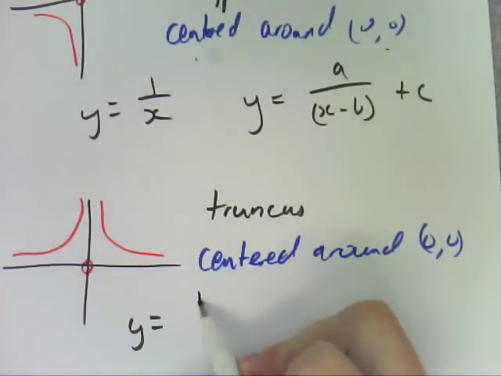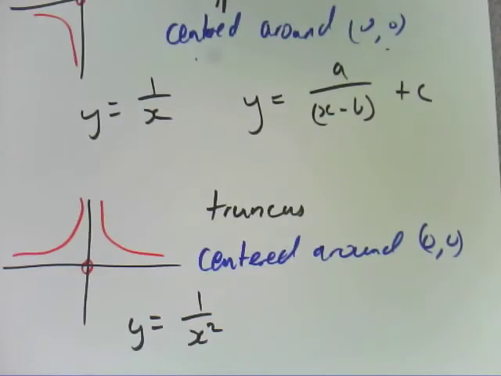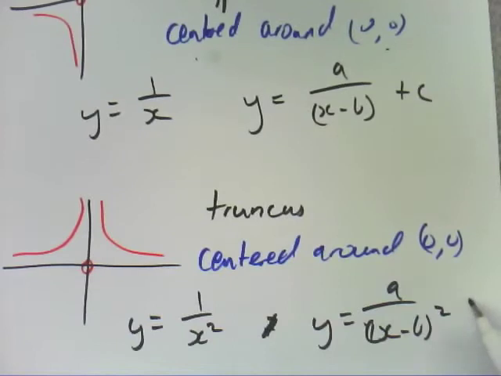The formula for this one is y equals 1 on x squared. And the translation form is y equals A on (x minus B) squared plus C. Same thing, all the same translation factors as in the last one.